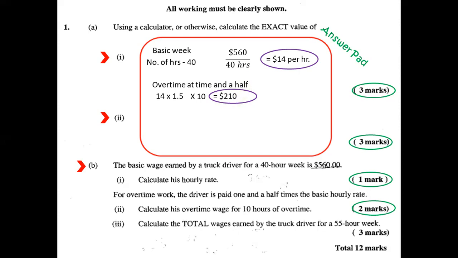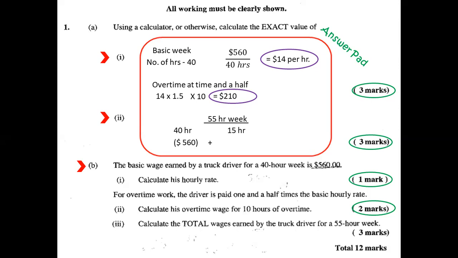Congrats. So the total a truck driver would receive for a 55-hour week. Many people would go ahead to multiply that 55 by 14, which is the hourly rate. Fair enough. But what happened is that for that 55-hour week, only 40 of it was regular time.